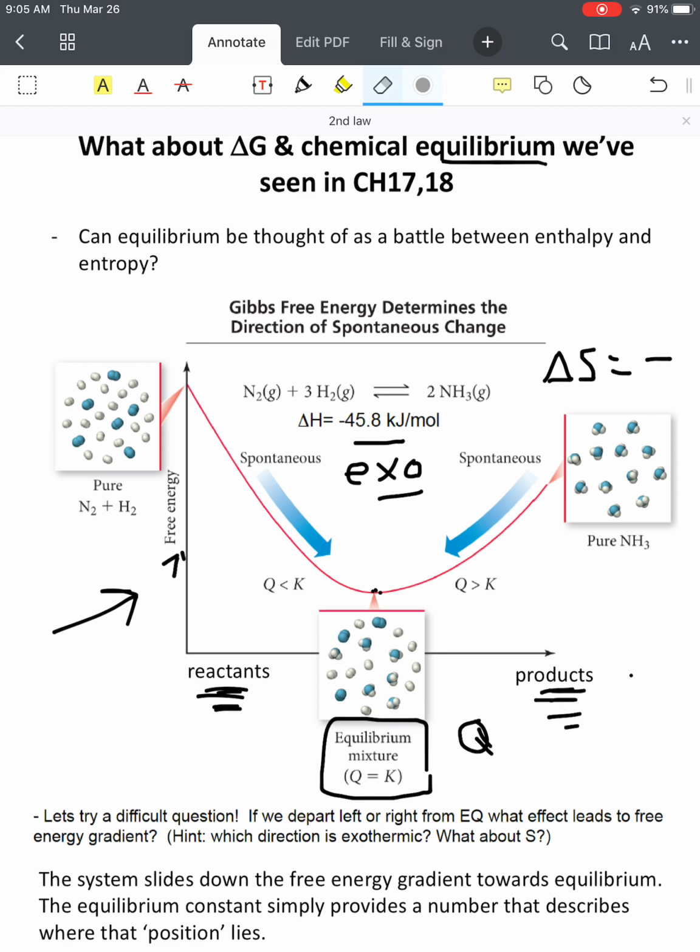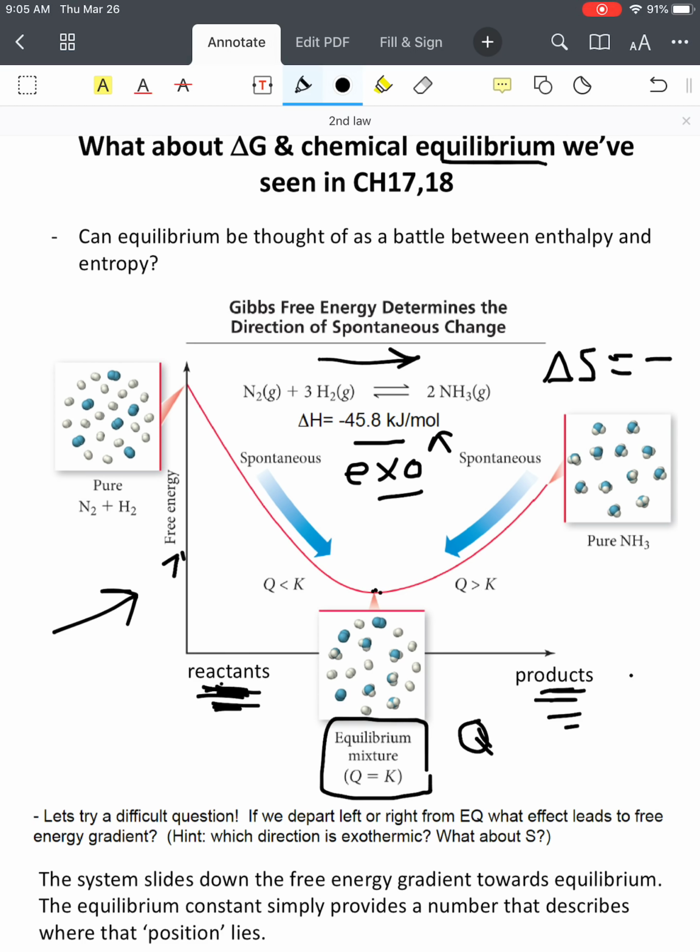So let's think for a second if that's good or bad for spontaneity. That decrease in entropy over the course of this reaction will be bad for our spontaneity. So as we move forward from left to right, entropy is lowered, and that's bad for spontaneity. However, it's an exothermic reaction, and that's good for spontaneity from left to right. So then, what's driving the bus here, okay?